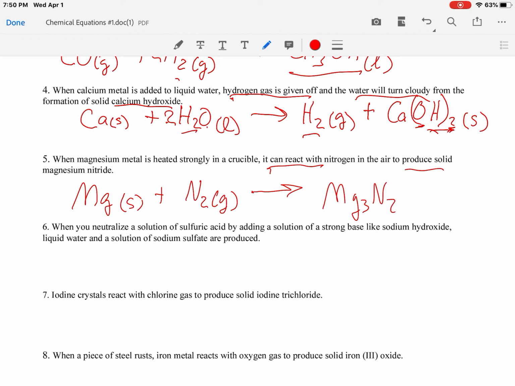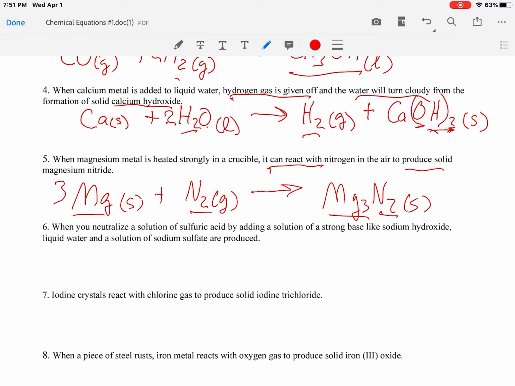This is solid, so we need the S there for the state symbol. Now we look at the balancing here. We've got 2 nitrogens on both sides already, so that's good. We've got only 1 magnesium over here, but 3 over here, so we can very easily fix that with a 3 right there. Okay? Moving on here.